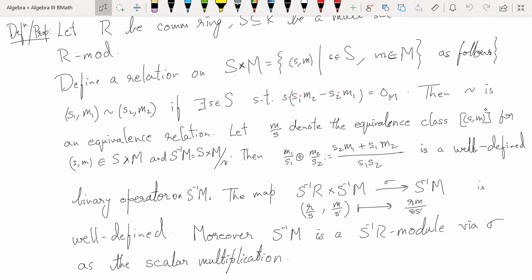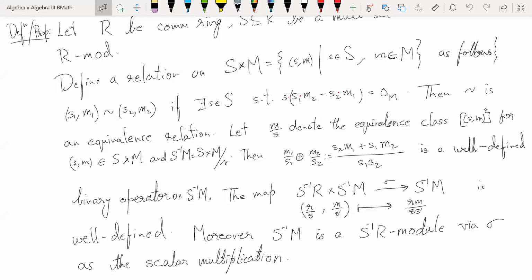Then one can define, declare this plus circle to be M1 over S1 plus M2 over S2 to be S2 M1 plus S1 M2 over S1 S2.